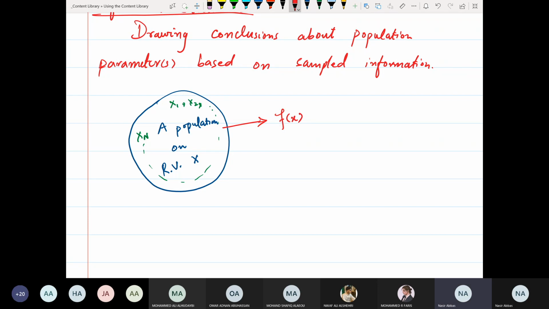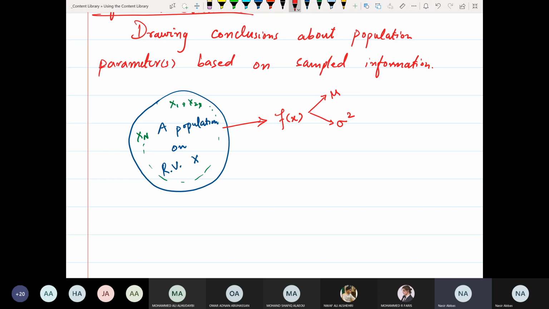Maybe normal, maybe gamma, maybe Weibull, maybe whatever, maybe discrete, maybe continuous. This probability distribution has a mean and a variance, which are unknown. These population parameters are usually unknown.